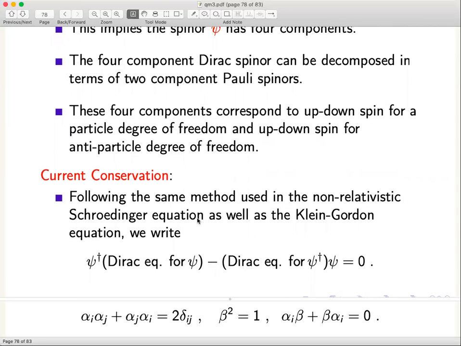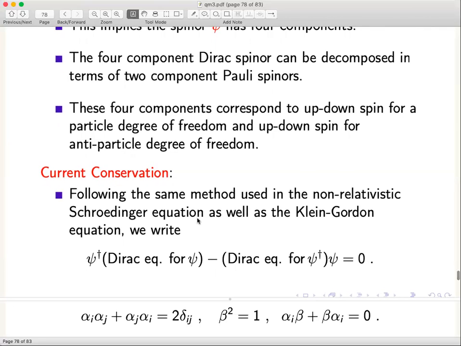Okay, so let's try to look at current conservation. In this case we use the same technique that we have used in, say, the non-relativistic problem, the Schrodinger equation, or even a few lectures ago when we used it in the Klein-Gordon equation.